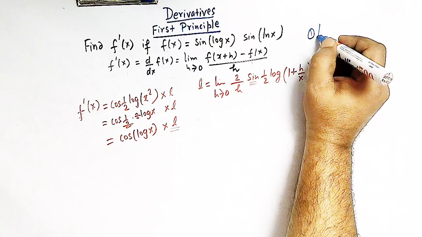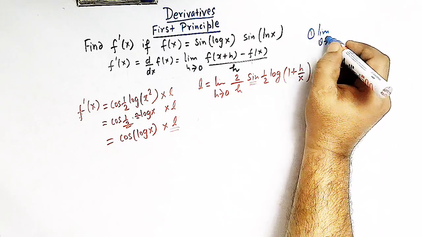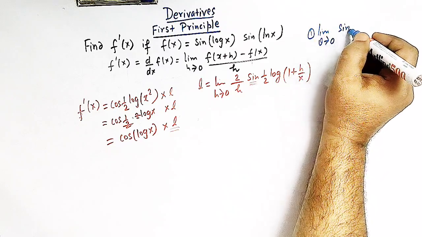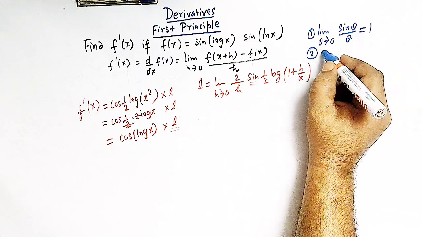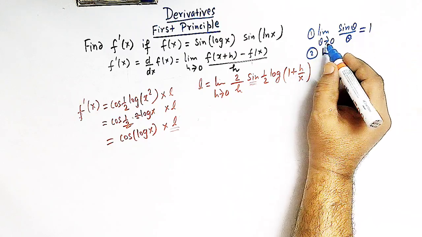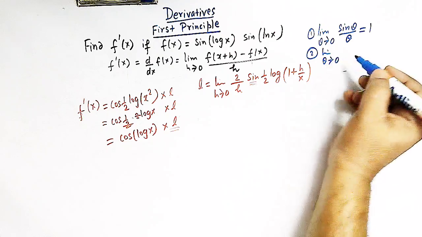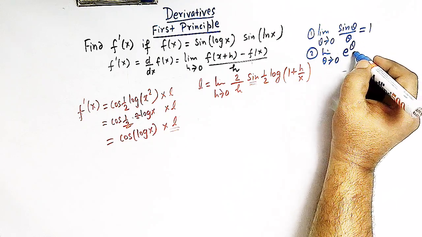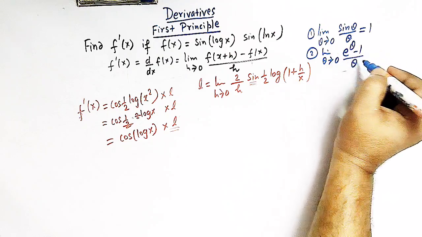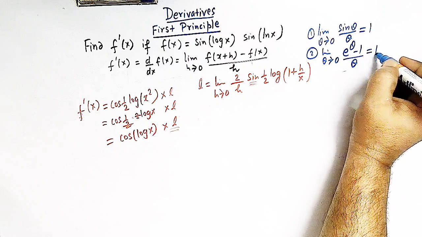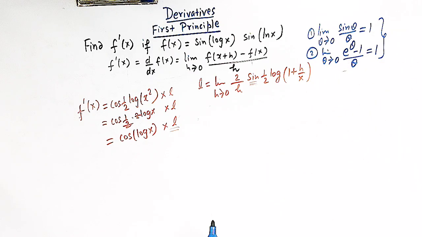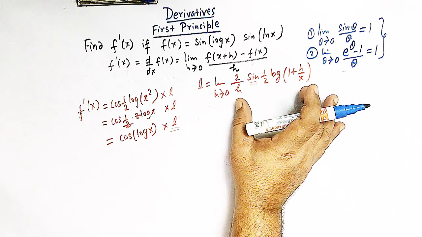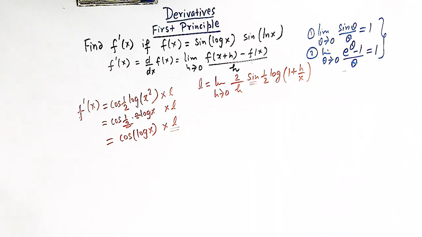So the first one is limit theta tends to 0, sine theta over theta is equal to 1. And the other important result is limit theta tends to 0, (e^theta − 1) over theta is equal to 1. So these two results are going to play a vital role in finding the value of this limit.